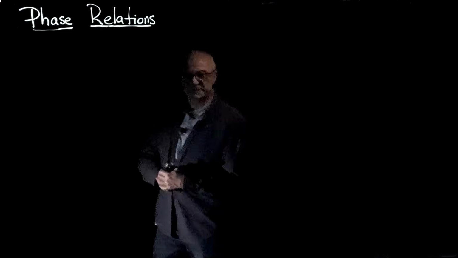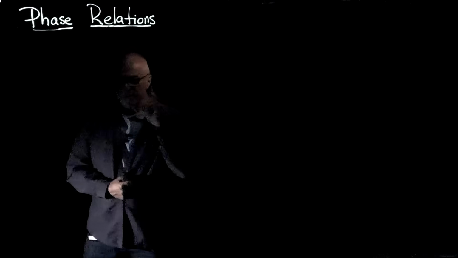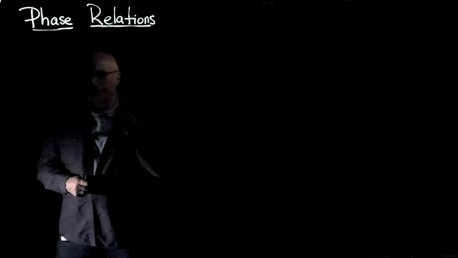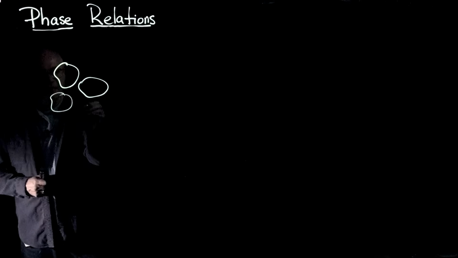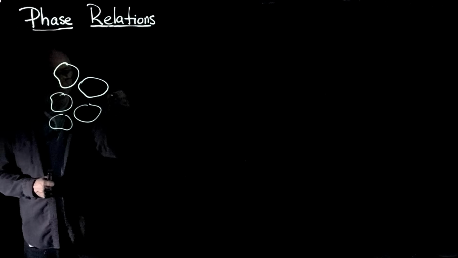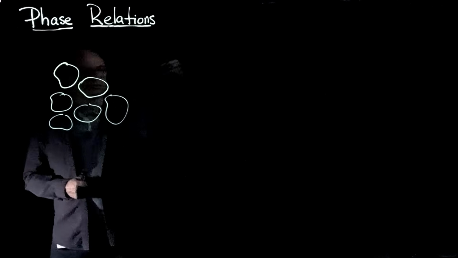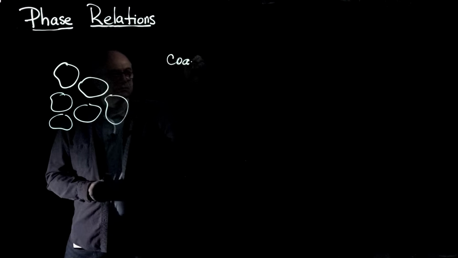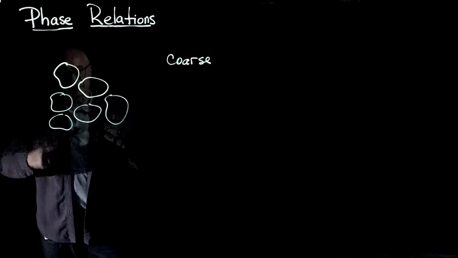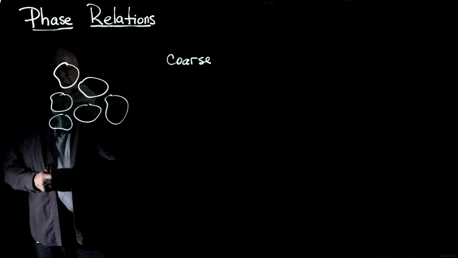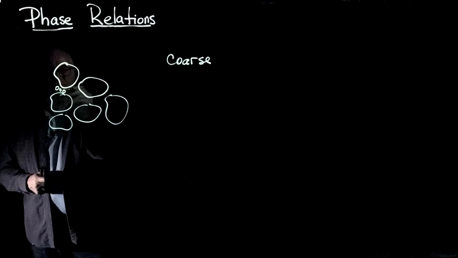To conclude this section, let me leave you with an assignment. Imagine that we have a granular packing, and this is the coarse phase. So there is a coarse fabric of grains, but inside it there are also finer grains.